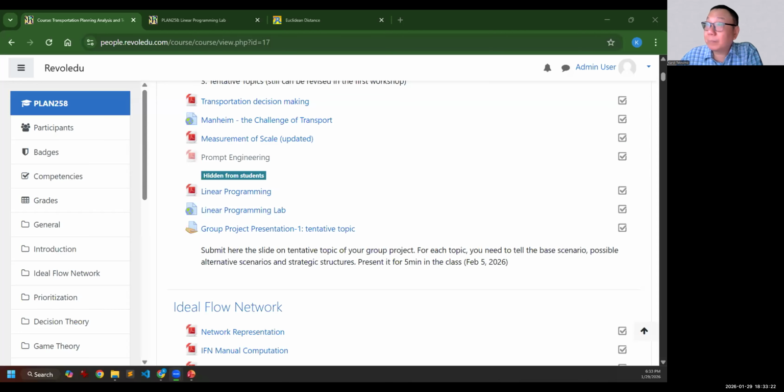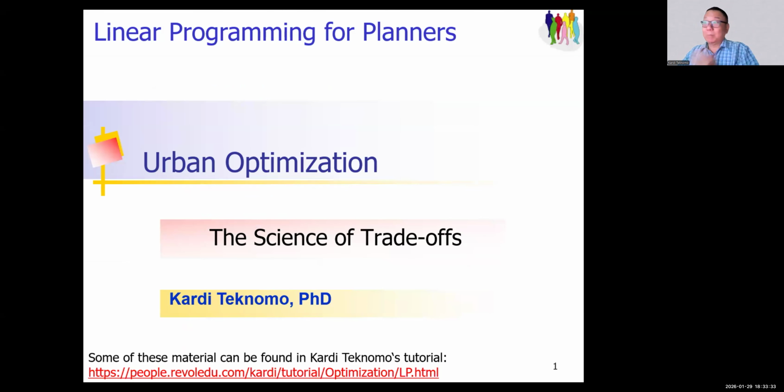Okay, let's go to the topic. This is a very long slide. I hope we can finish. Now, the title is supposed to be linear programming for planners.